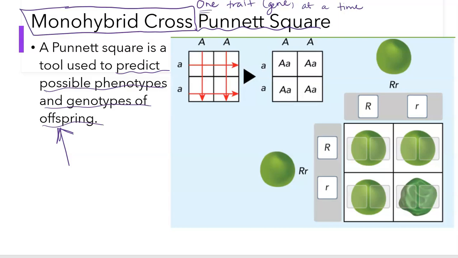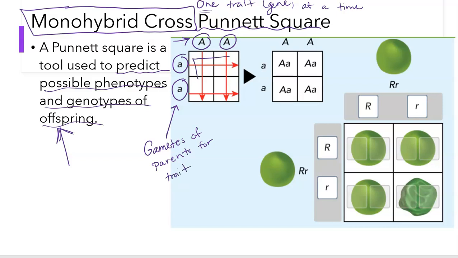So the way a Punnett square works, you write the possible gametes for the traits of the parents on the axes. So the axes represent gametes of the parent generation for the trait. And the boxes on the inside represent possible offspring. And it's kind of like a grid. As you see with the arrows here, this letter gets carried all the way down, this one gets carried all the way down, this carries across.